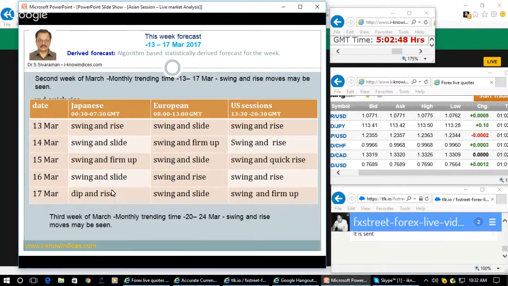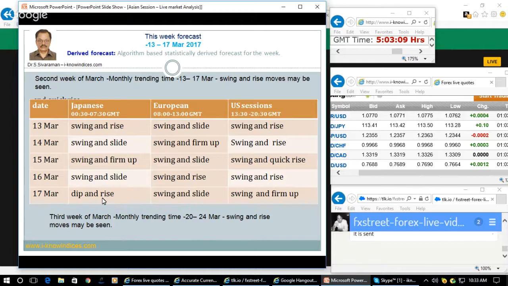They have been holding those gained levels, trapping the short sellers. Today they made a brief dip at the start, just to give the impression that there could be a slide for the weekend, but they did not drop; instead they are slowly firming up.